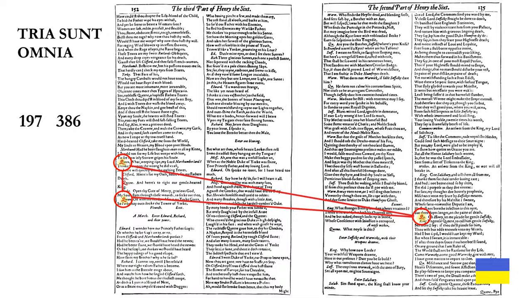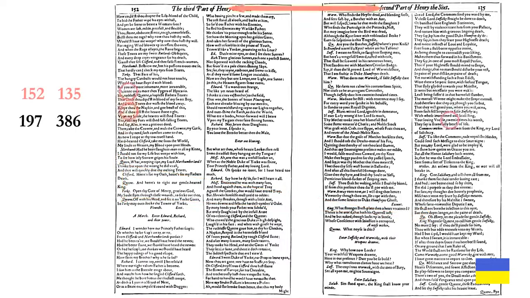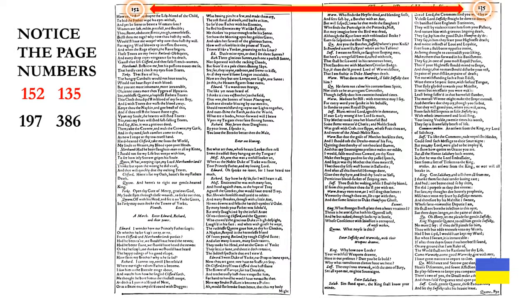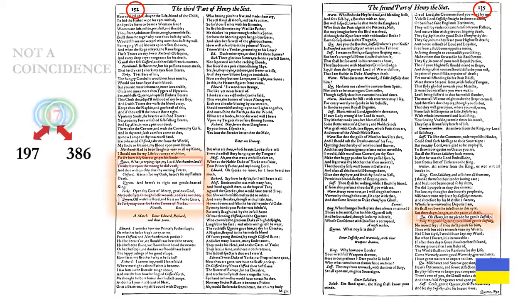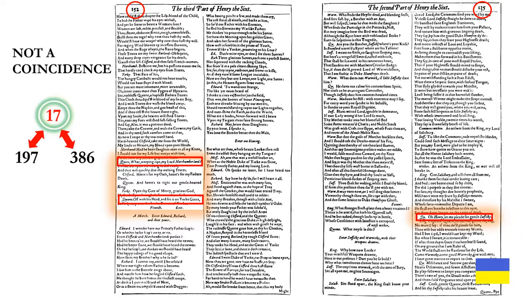Also note the page numbers 152 and 135. When you add their digits, their sums are 8 and 9. 1 plus 5 plus 2 is 8. 1 plus 3 plus 5 is 9. And you add those together, and you have 17.